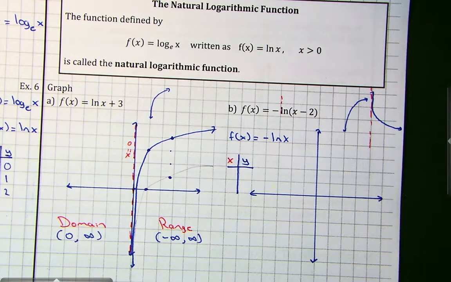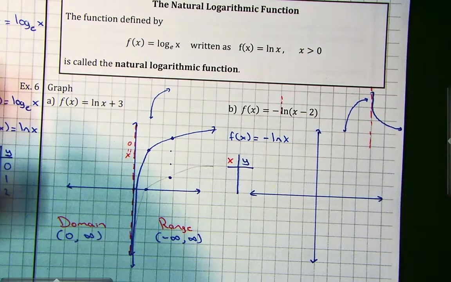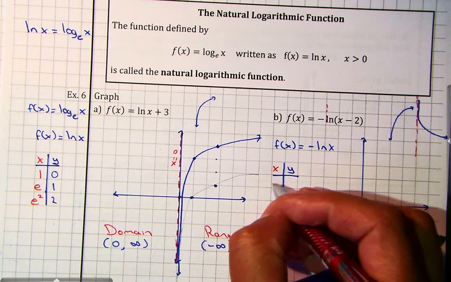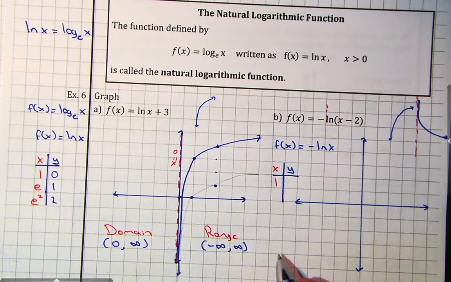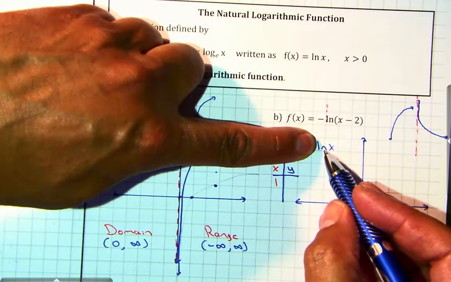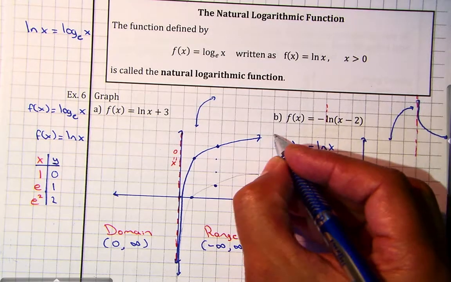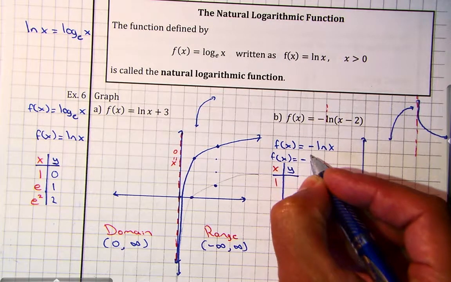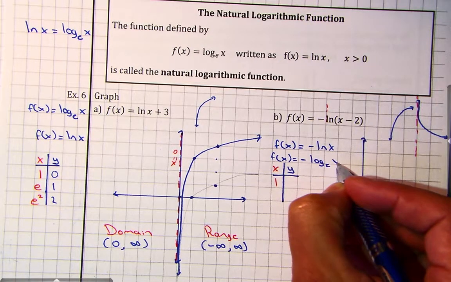What is the first number that I should plug in? I should plug in a 1. Remember that this is the same as f of x equal to negative log base e of x. Use something that you need to remember.